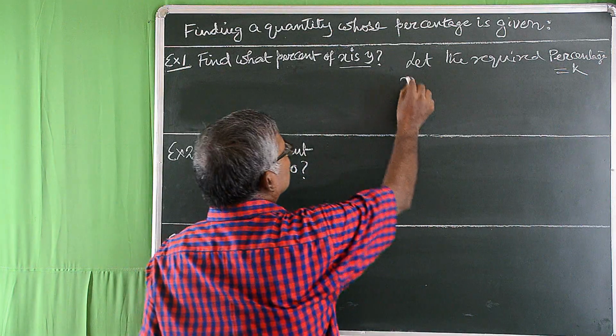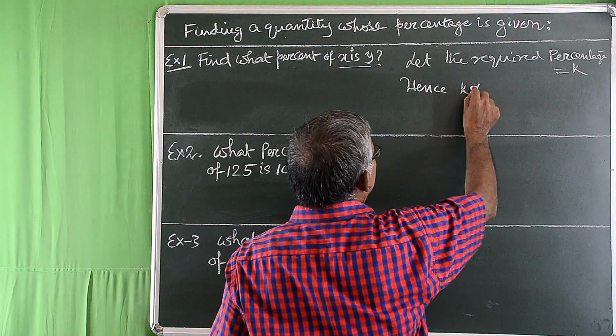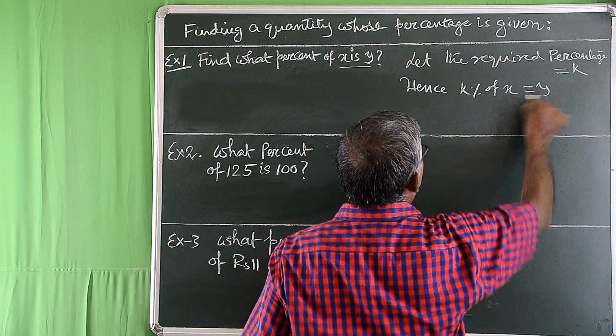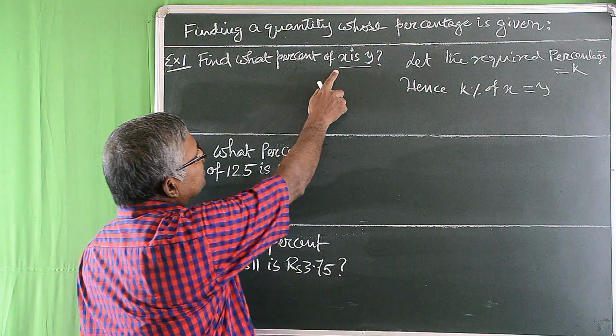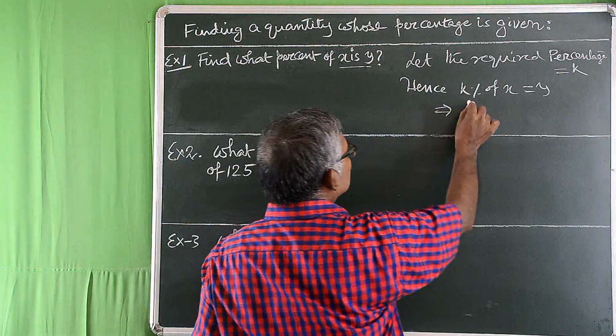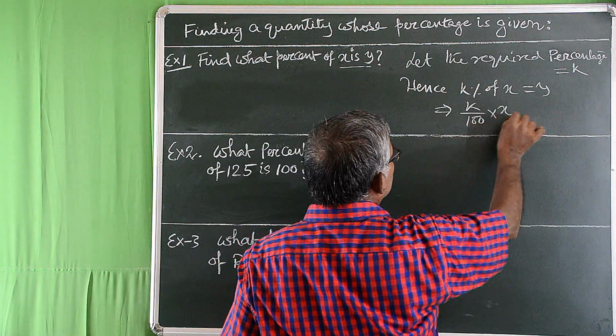Hence, k percent of x equals y. Students, let k percent of x be y. This implies that k by 100 into x equals y.